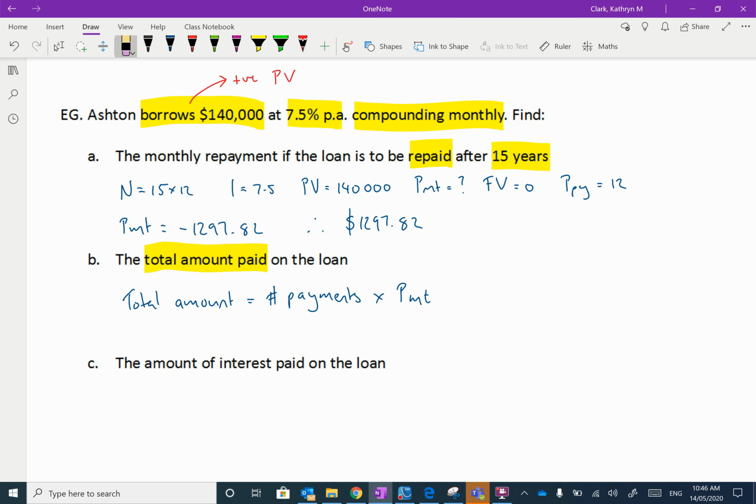So in that case, if we use our values from above, it's N times by PMT.